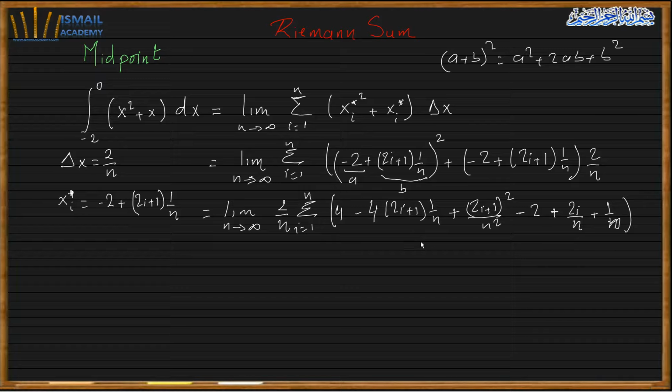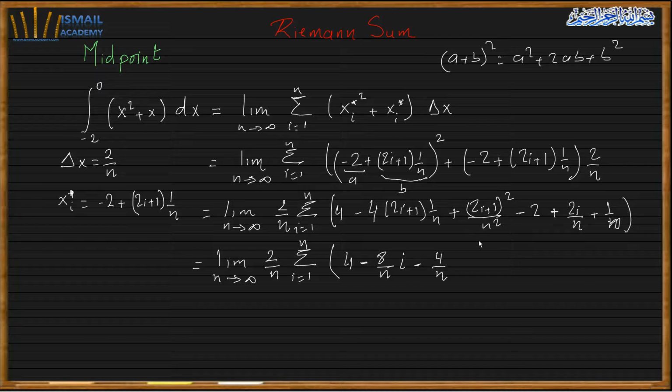So now what I do, I FOIL this and I distribute whatever here and I combine after that. So it's going to be the limit, so it's going to be 2 over n, sum from i equals 1 to n, and here's going to be 4. Here, if I choose, it's going to be minus 8 over n i, and minus 4 over n.